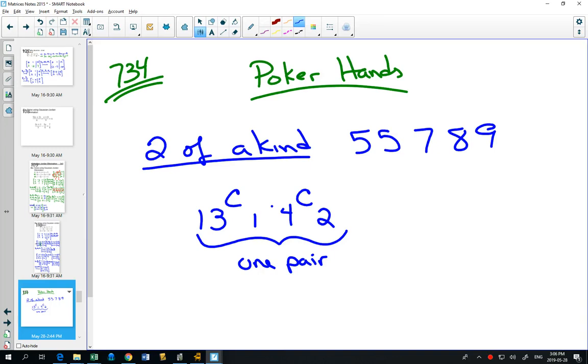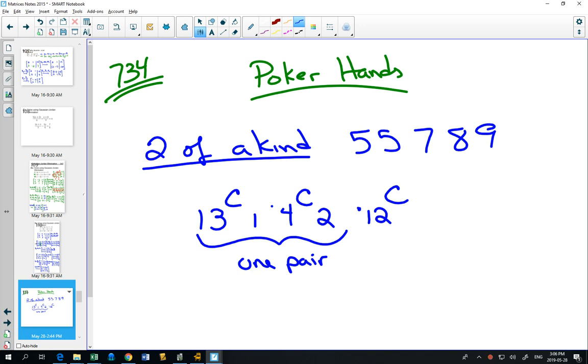After we've chosen our pair, we need to choose our single cards. And because our single cards are all the same size, they're all single cards, we choose them at the same time. Now, there's only 12 numbers left, or 12 kinds left, because you've already taken out the 5s. You can't get another 5, and then it's not 2 of a kind anymore.